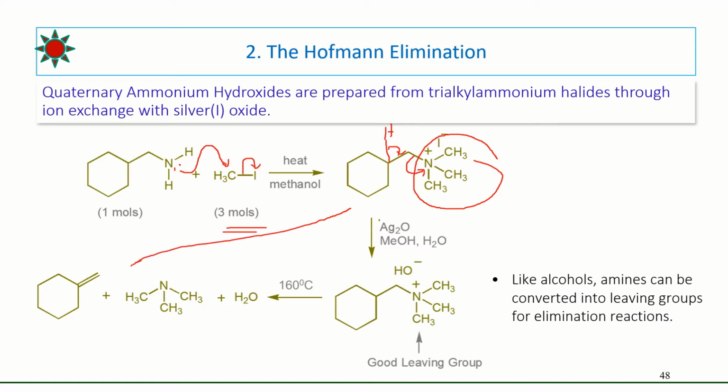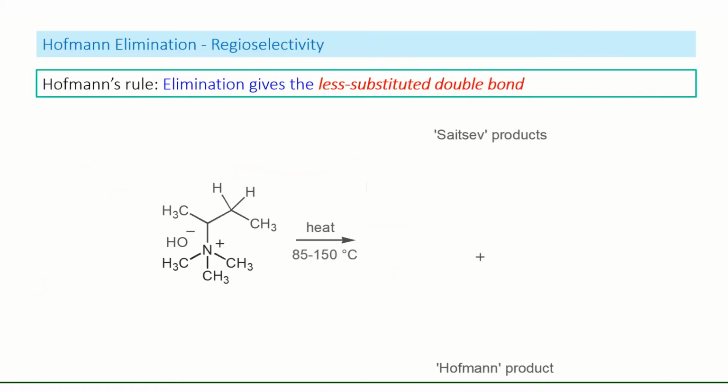This elimination is quite straightforward, but here is where it becomes effective, because if you notice, this amine has two different sets of protons that you can eliminate to form an alkene.